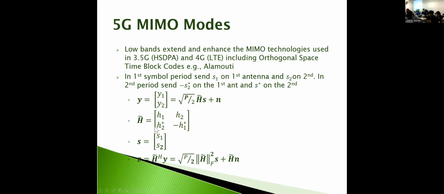So our channel here now is going to be both H1 and H2, but then it's going to be kind of this H2 star and minus H1 star, reflecting what we're sending here, right? And so we know that S is this S1 and S2.